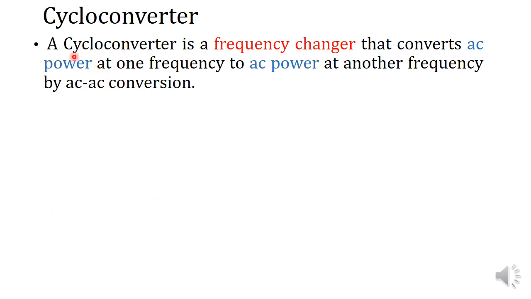That means a cycloconverter is a frequency changer that converts AC power at one frequency to AC power at another frequency by AC to AC conversion. Simply, it is an AC to AC converter which can vary the frequency of the output voltage.